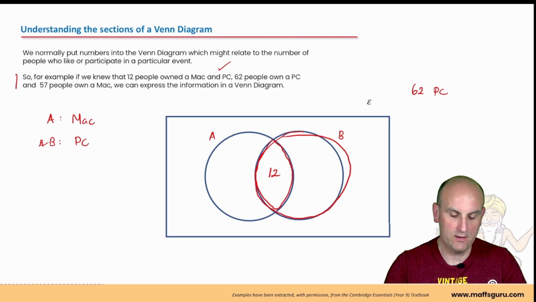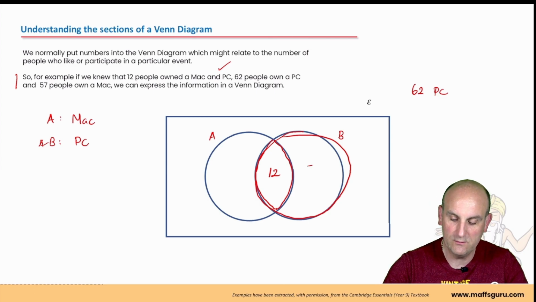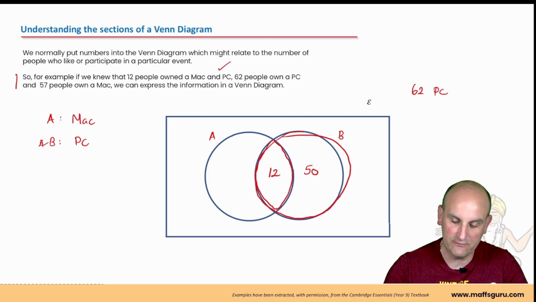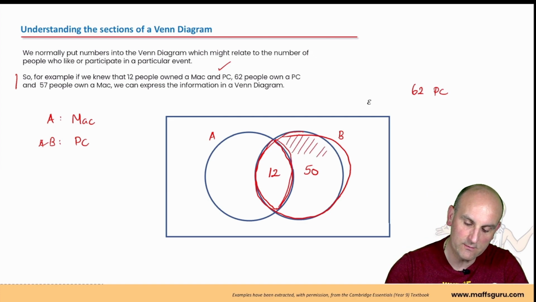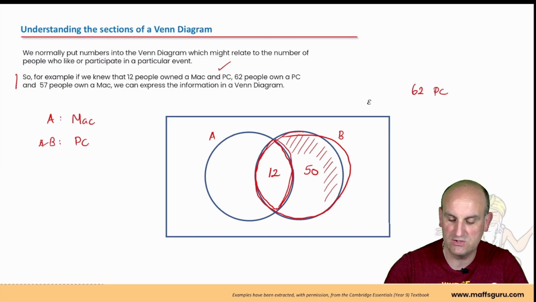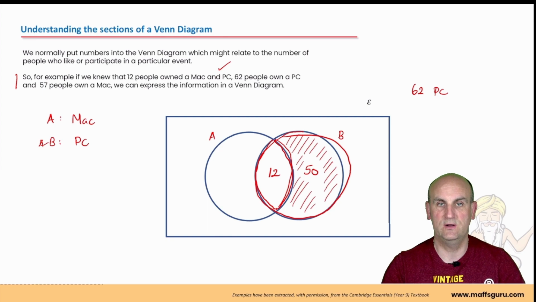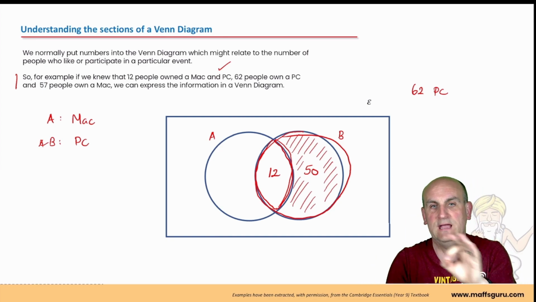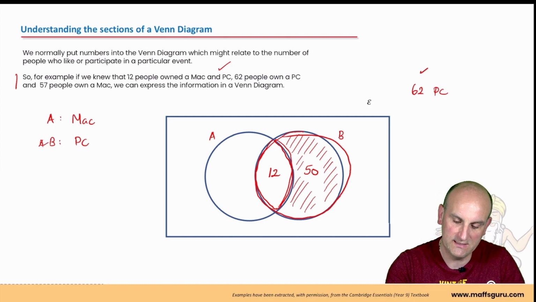So 62 people, I've already got 12 in the middle. How many people must be outside? Hopefully you will agree that 50 people would be in that section there. Now, that's 50 people in just the section I'm going to shade for a moment. We wouldn't normally do the shading. I'm just trying to make it crystal clear for you so that we can see where it is. So now if I look at that whole circle of B, there's 50 and 12, 62 people own a PC.